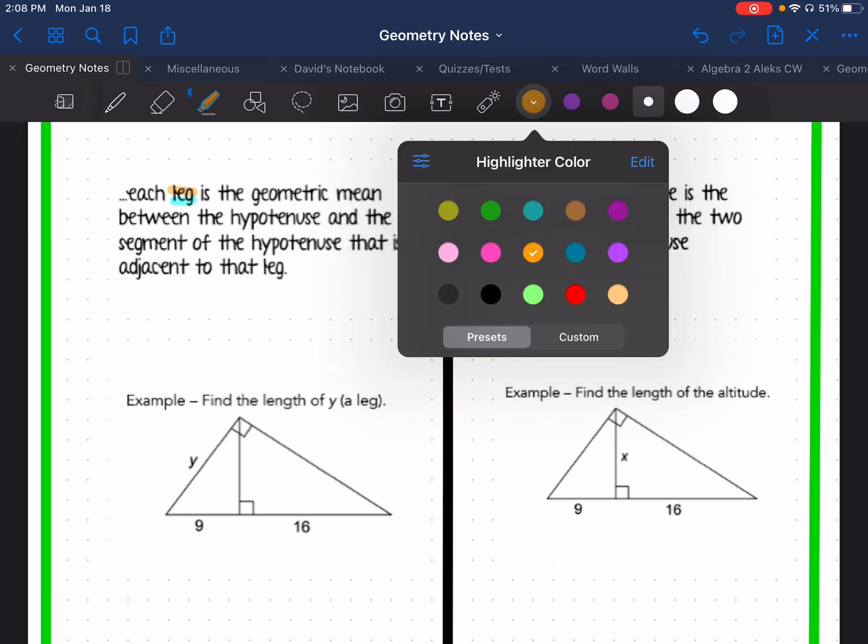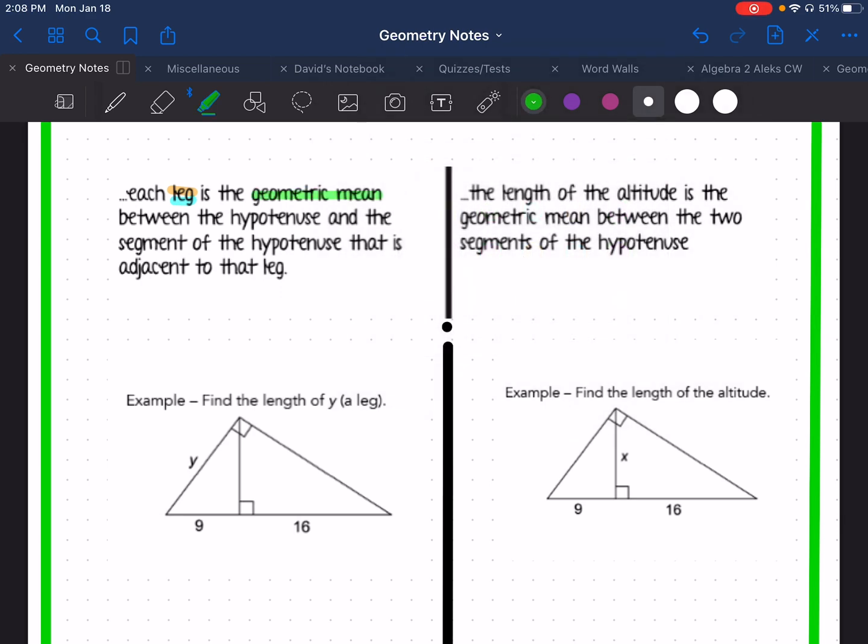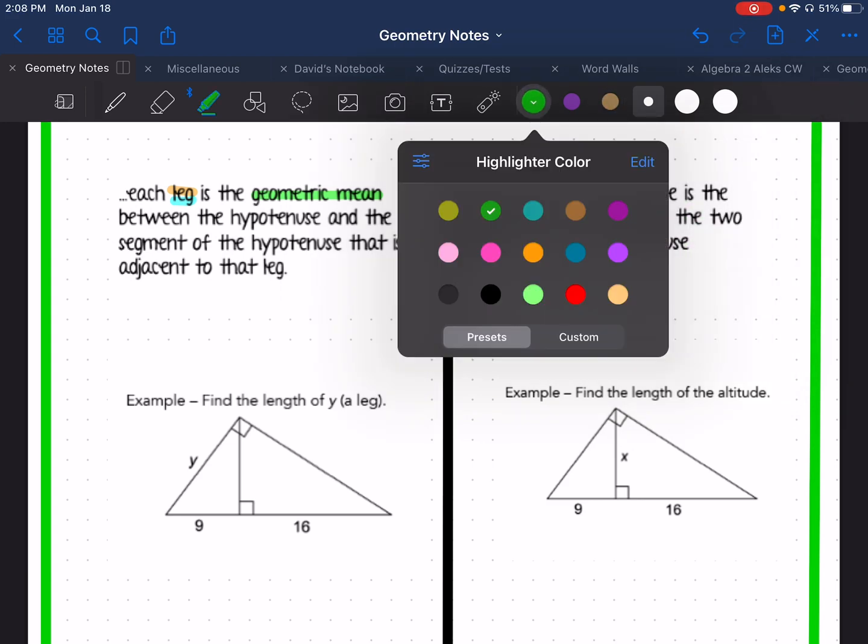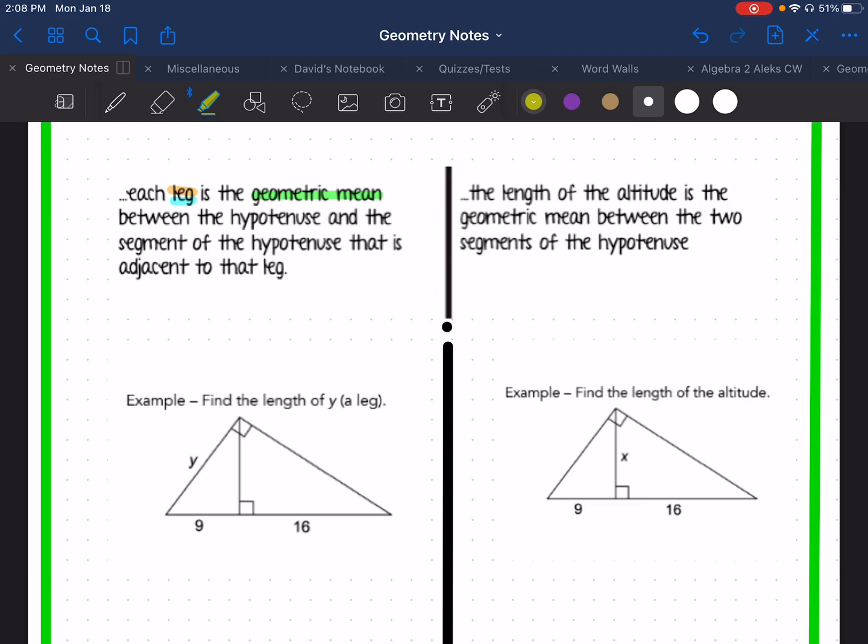There's that word geometric mean again. So I'm going to set up a proportion, based off of what my one said before. I'm always going to start with the altitude. Let me grab my yellow highlighter. I'm going to always find the altitude and highlight it. Always the altitude. That's the first thing you do.